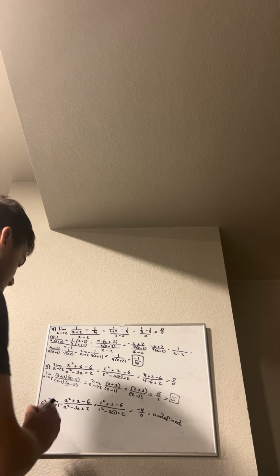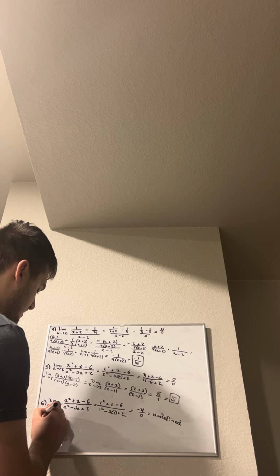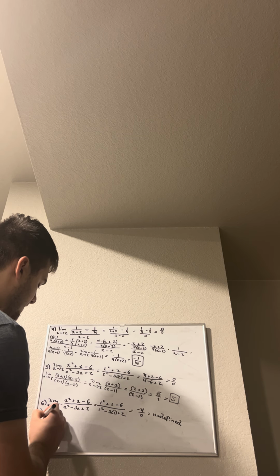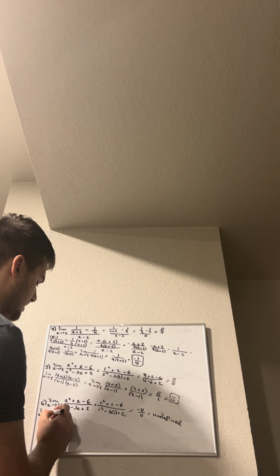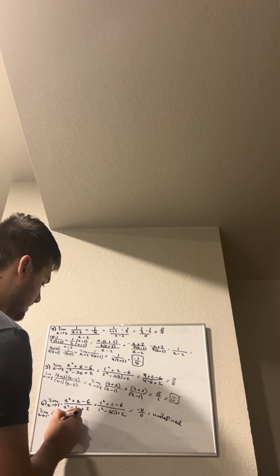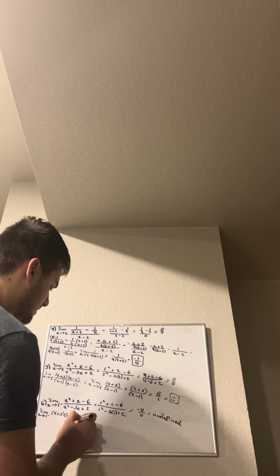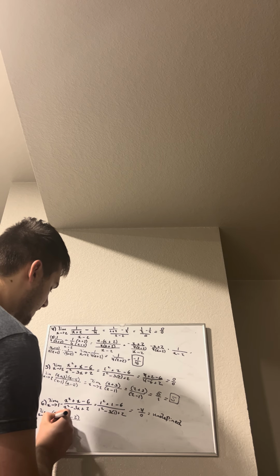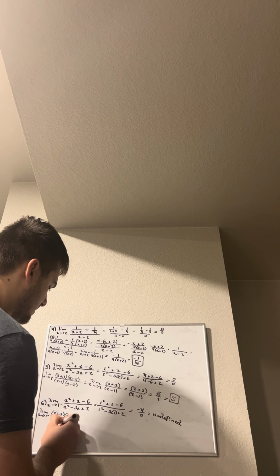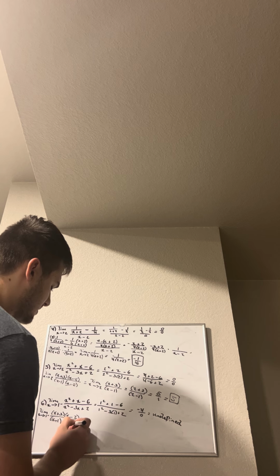And given that this is undefined, we want to rewrite the expression. So we can just do the limit of x approaching 1 from the negative side of x plus 3 times x minus 2 over x minus 1 times x minus 2.